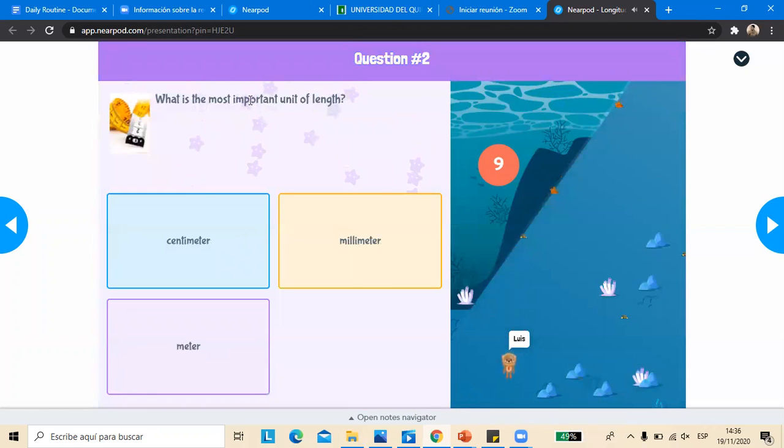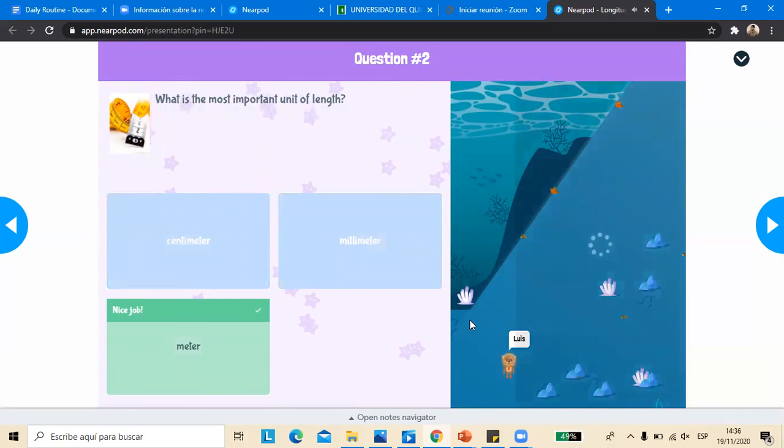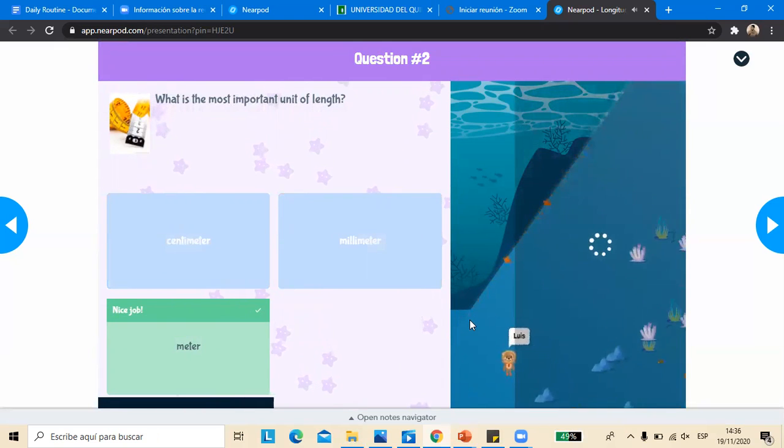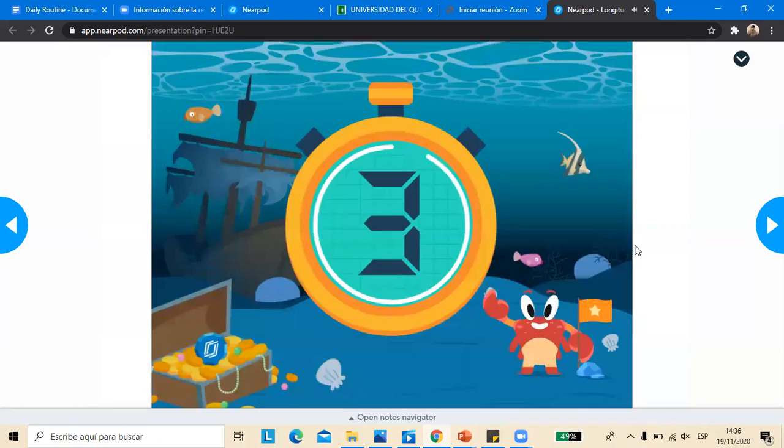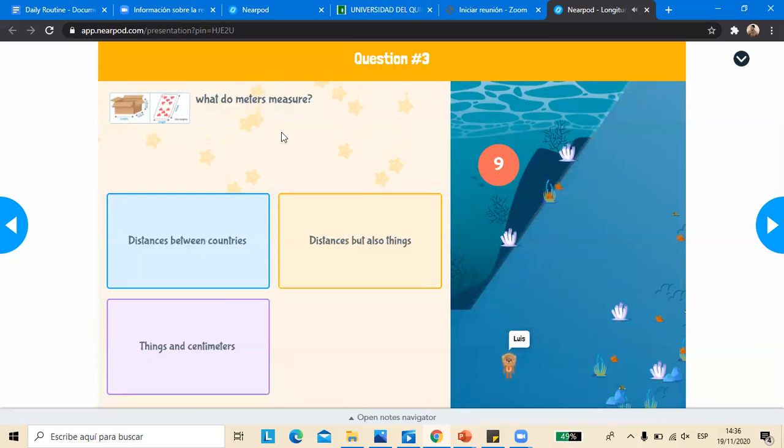Okay, what is the most important unit of length? The meter. Yes, perfect. Great job. I knew you could do it. Okay, what do meters measure? Distances and also things.